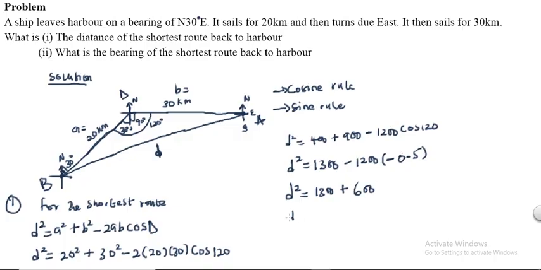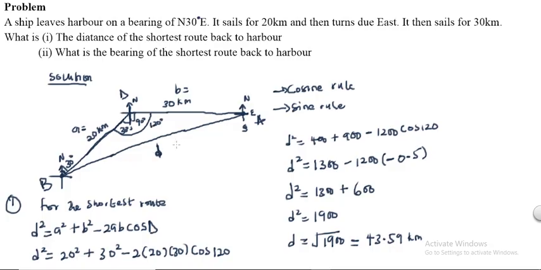So that we have D square is equal to 1300 plus 600 is 1900. If we take the square root of both sides, we have D is equal to square root of 1900. So if you take the square root of 1900, you get 43.59 kilometers. This is to 2 decimal places.